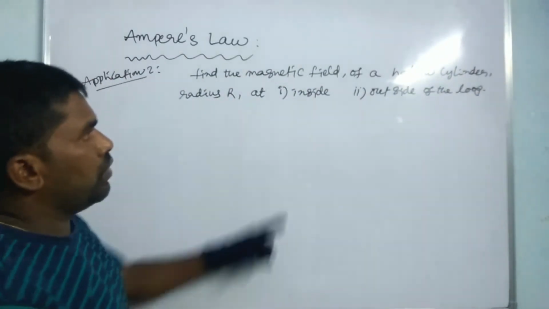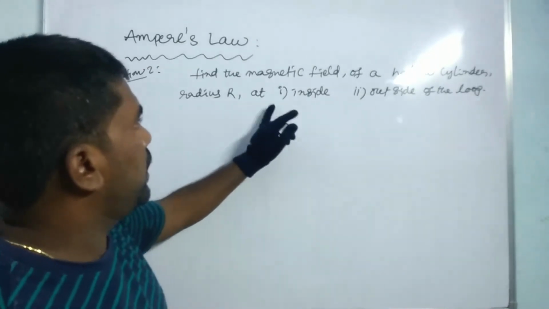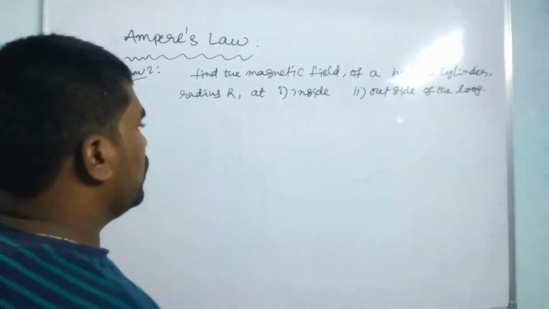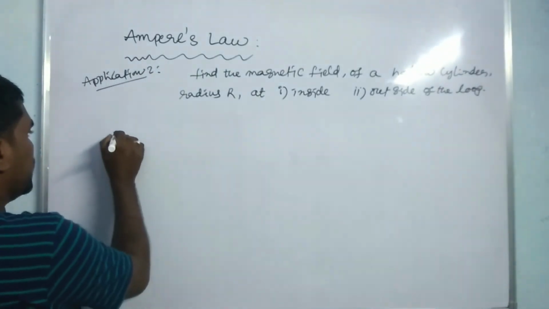Find the magnetic field of a hollow cylinder of radius r at inside and outside of the loop. So here this is a cylinder.